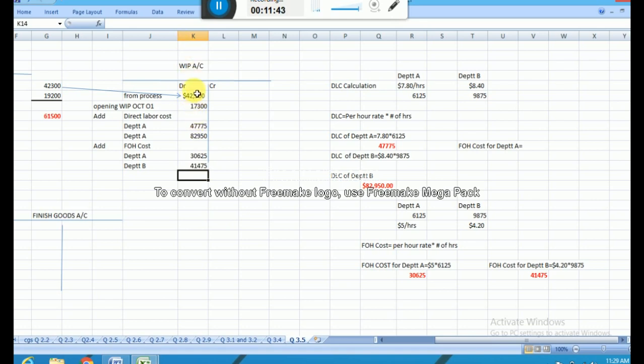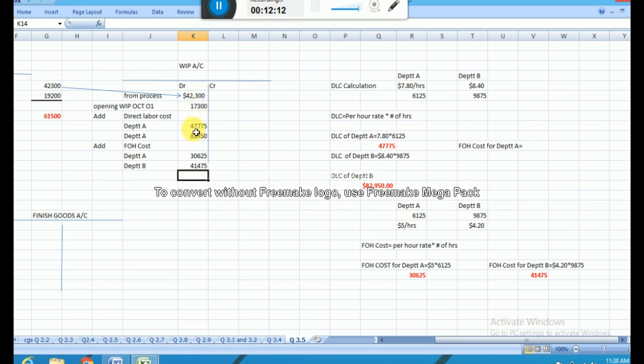This is the work in process. We received 17,300 from the previous month, and during the month of October, from 1st October to 31st October, we put 42,300 of materials into the process.